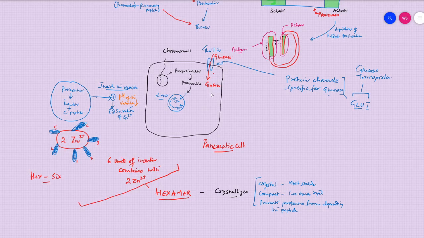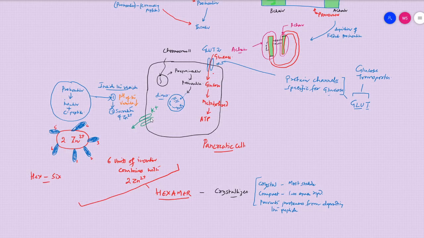Now this glucose in the pancreatic cell will be metabolized, meaning it will generate ATP. There are certain other channels on the pancreatic cell, and one of the most important is the potassium channel. This potassium channel transports potassium from within the cell to outside, because the intracellular ion is potassium.